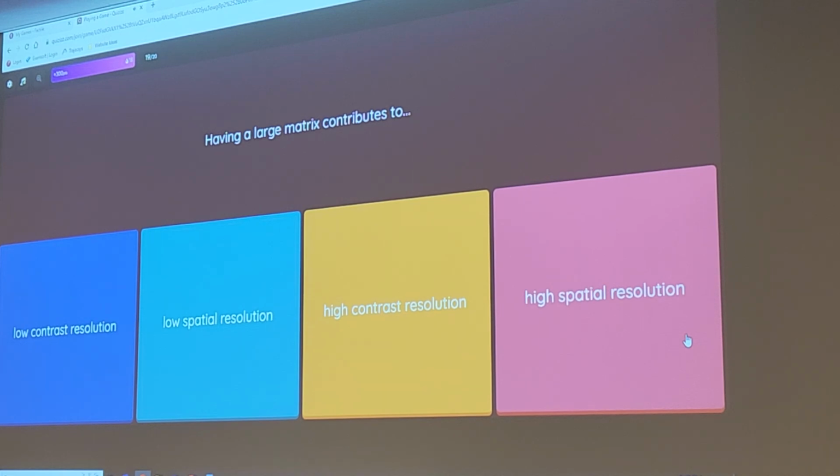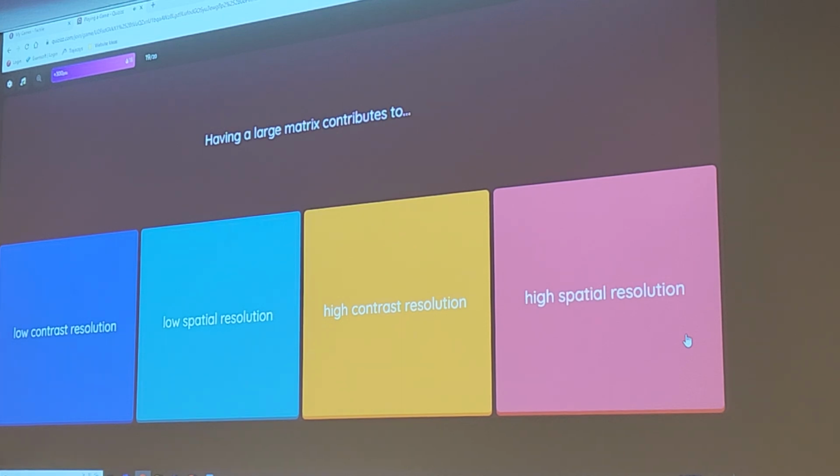Angelica's next. Having a large matrix contributes to high spatial resolution. Yes. Like I said earlier, remember guys? Bit depth, grays, contrast resolution, those three go hand in hand. And pixel, matrix, field of view, spatial resolution, those go hand in hand.